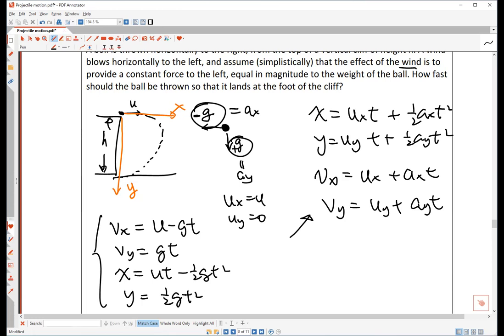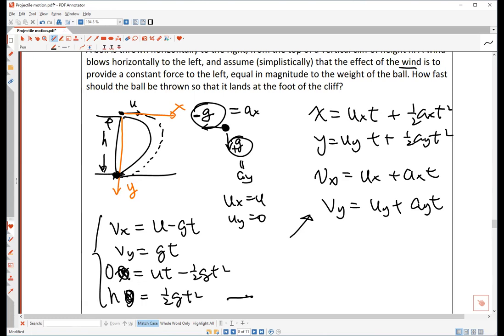Then of course we also need to substitute everything that we know. We know that the vertical displacement along the y-axis is h, so y equals h. And since it lands at the foot of the cliff, it touches the y-axis at this point, so x is 0.